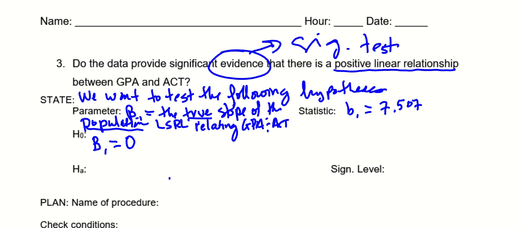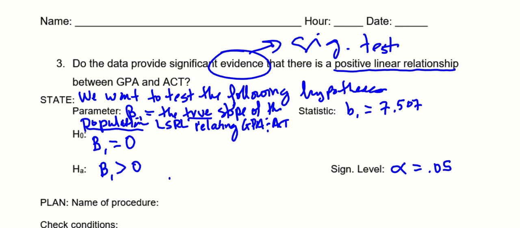So the null is that if there is no linear relationship, the slope would be 0. Our alternative will be that the true slope shows a positive linear relationship, so it would be greater than 0. For a significance level, we're not given one, so let's use alpha equals 0.05.